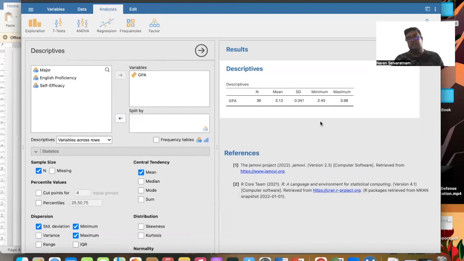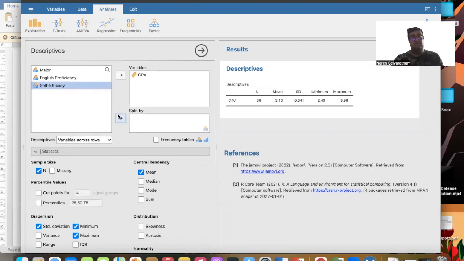And this is for the overall group of 36 individuals. GPA is 3.13. That's for the overall group. So if psychology is 3.23 or 3.29, what it means is psychology students generally tend to have an average GPA that is slightly above the overall average of the total sample.